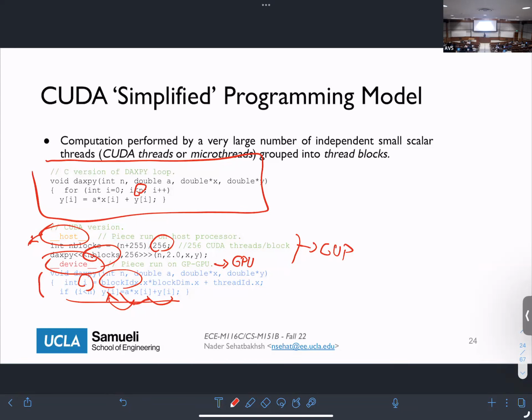Again, if you want to learn more about CUDA programming, you have to take another course. But the general idea is that there will be a host part, which is the CPU part, and a GPU part or device part, and you write all of them in the same single program, compile it, and run it on the actual CPU.